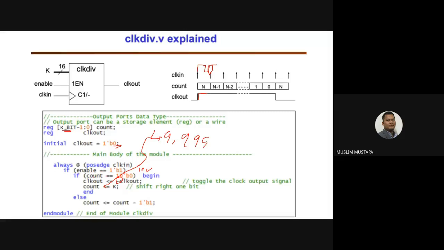If count equal to 0, no. Count is not equal to 0 because we already assigned count this value. Then it goes to the second one, count minus 1, so it decrements from here until it becomes 0. Then it goes into this condition and inverts the clock. So when it reaches 0, it inverts the clock from 1 to 0.